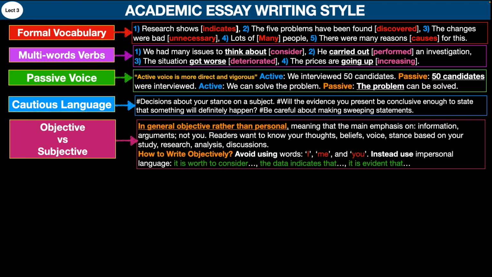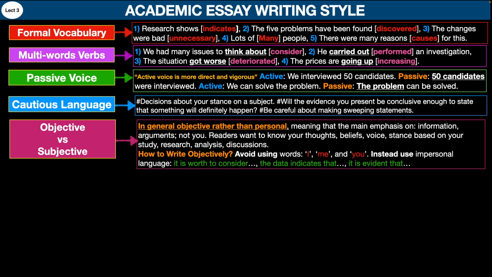So in academic writing, we always try to use objective sort of language. How can we avoid using subjective language and use more objective language? Simply do not use I, me, you, we.